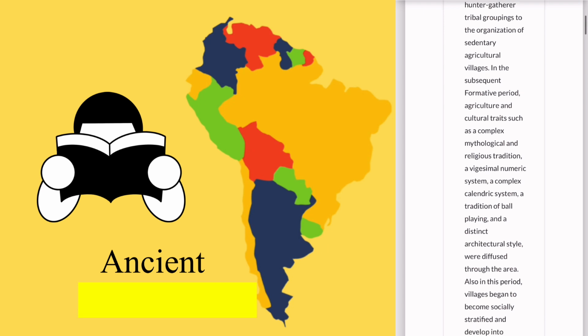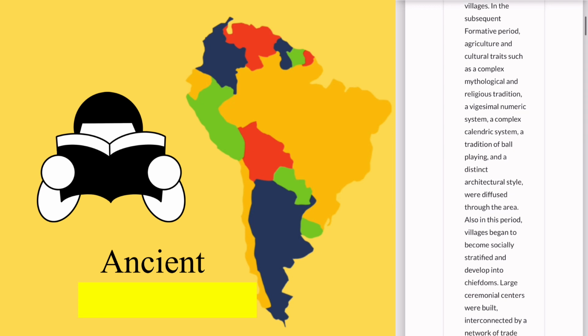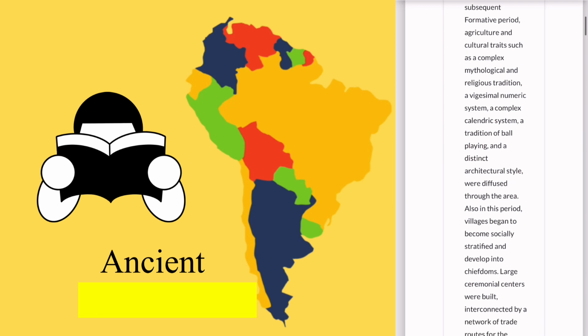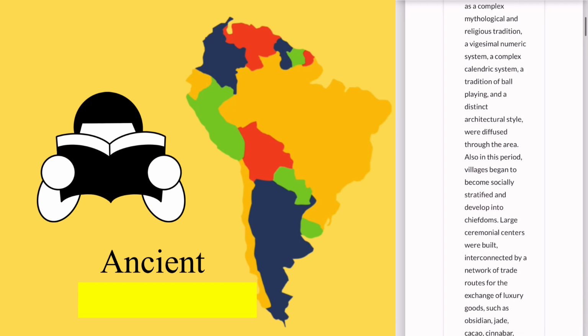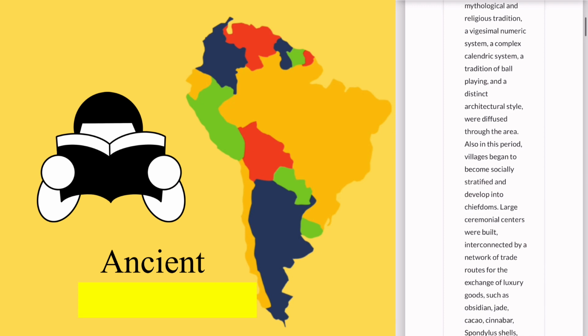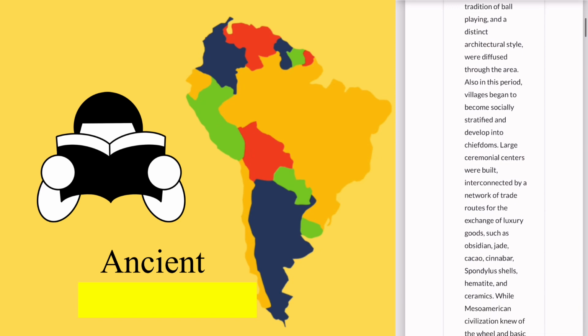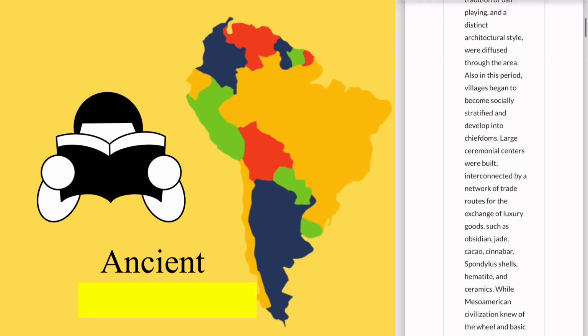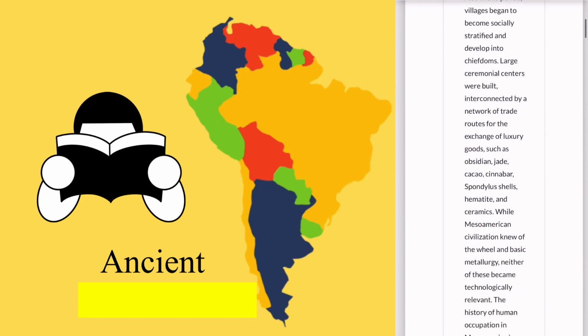Also in this period, villages began to become socially stratified and develop into chiefdoms. Large ceremonial centers were built, interconnected by a network of trade routes for the exchange of luxury goods, such as obsidian, jade, cacao, cinnabar, spondylus shells, hematite, and ceramics, while Mesoamerican civilization knew of the wheel and basic metallurgy. Neither of these became technologically relevant.